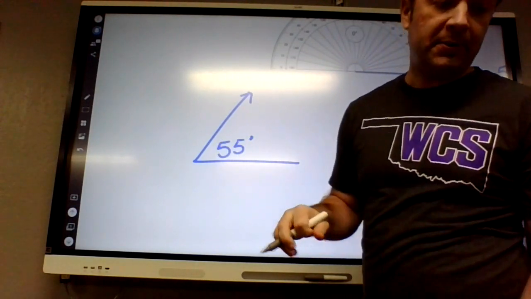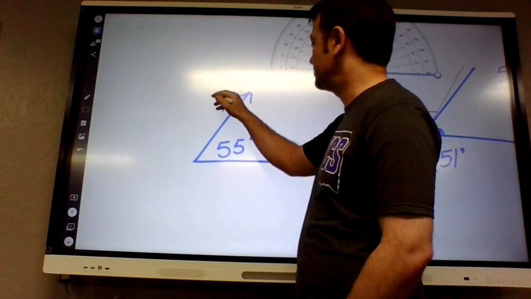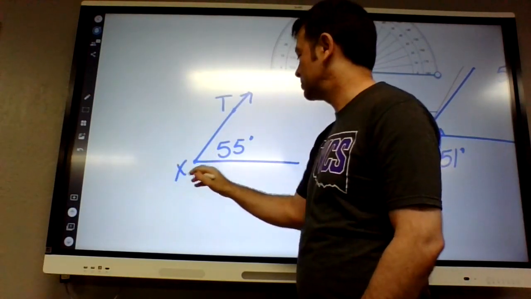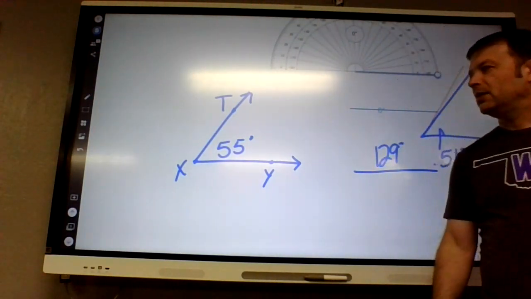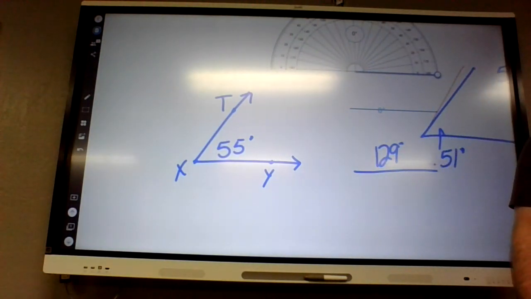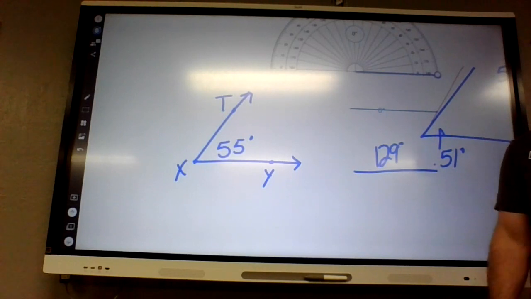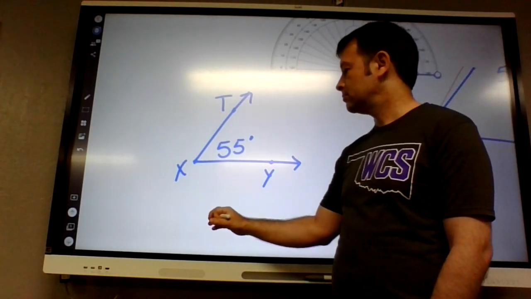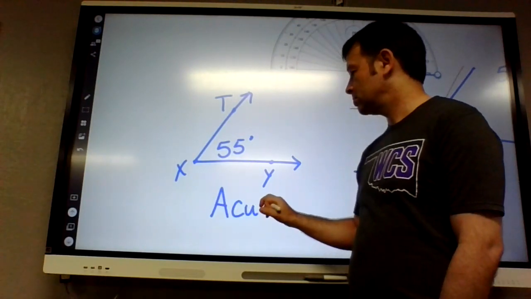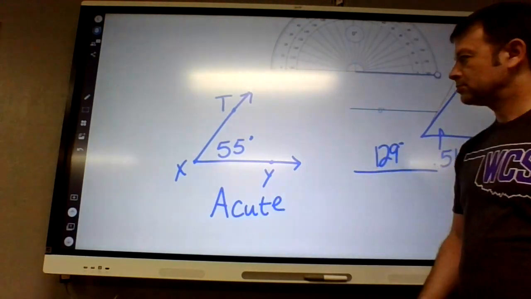They probably labeled it TXY. And they also say you have to name what kind of angle that is. So what kind of angle is that? Acute.